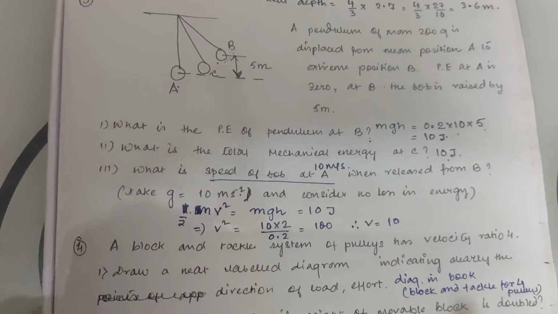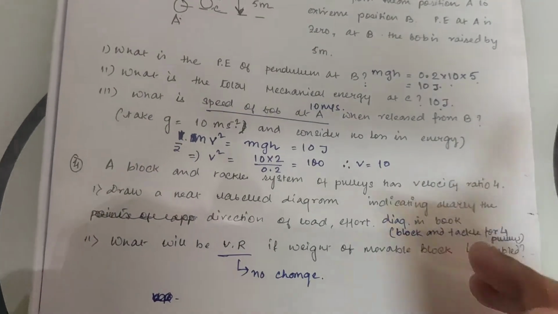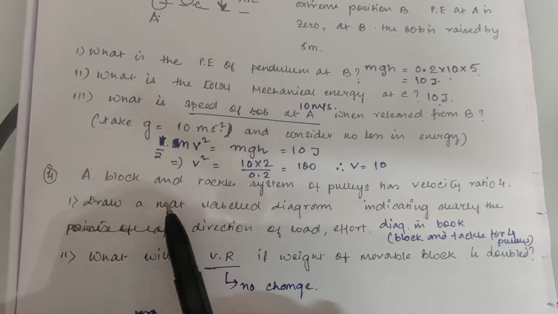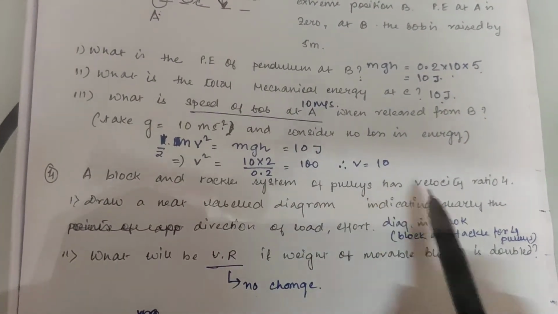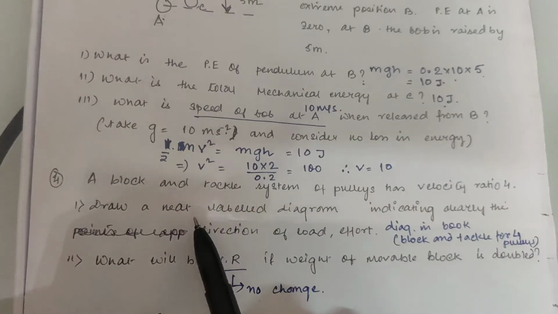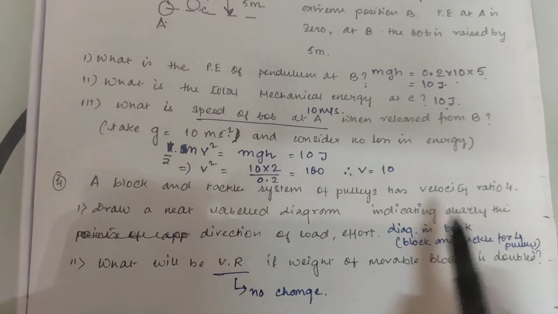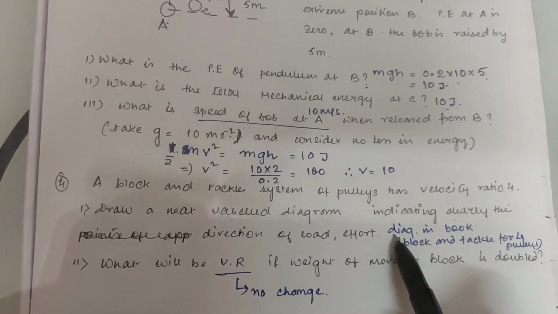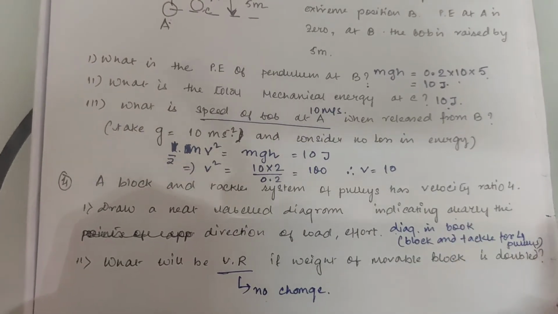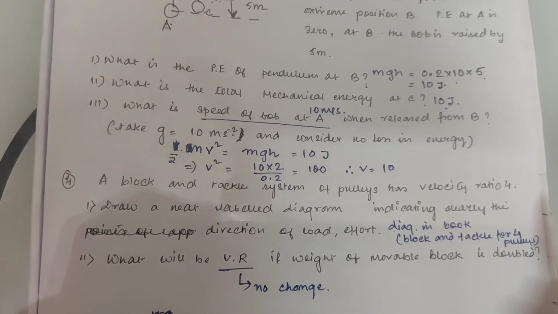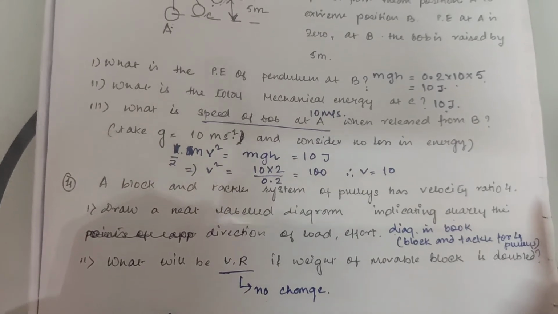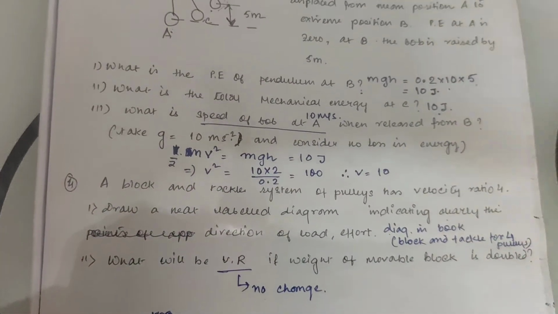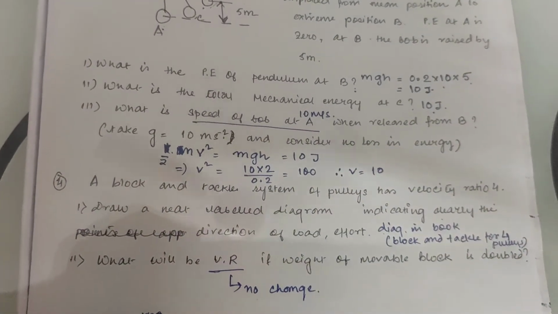Okay. Now next is the block and tackle system. Block and tackle system of pulleys has velocity ratio 4. Draw a neat labelled diagram indicating the direction of load, effort, etc. Which one will you draw? The block and tackle system in your book with 4 pulleys, and please always show the directions of load, effort, tension in the strings.